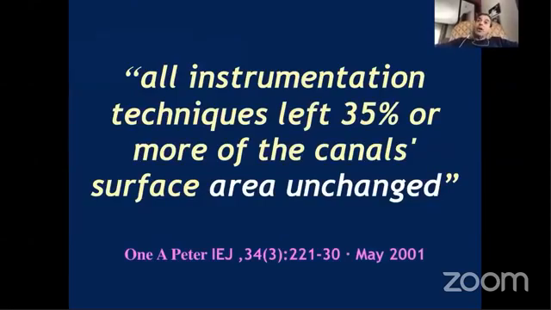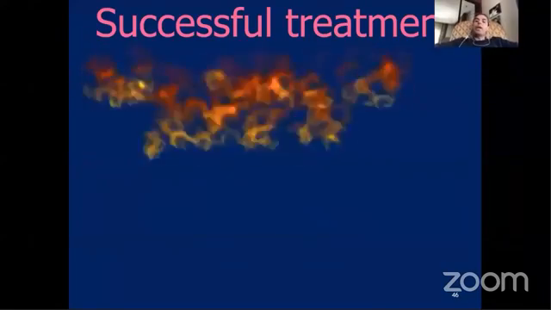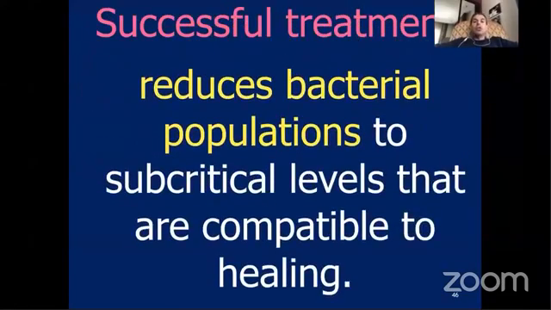So elimination of microorganisms completely from the root canal system is an impossible mission. Because of this, nowadays, we are not talking about elimination of bacterial population. We are talking about reducing bacterial population to subcritical levels that are compatible with healing. So we want to take those microorganisms below the threshold, so the lesion will disappear and healing process will occur.